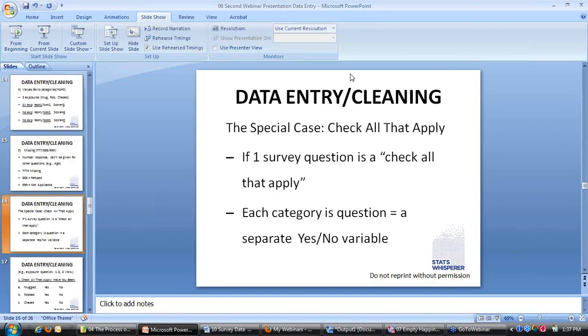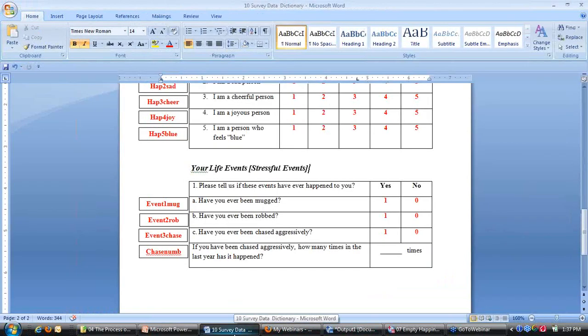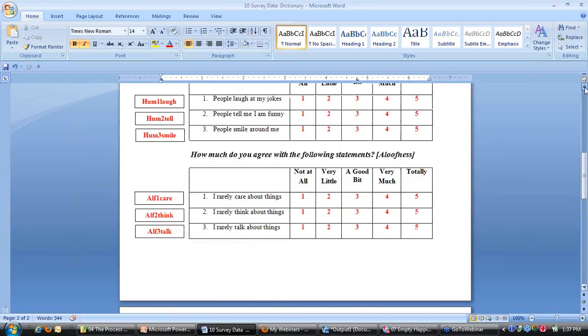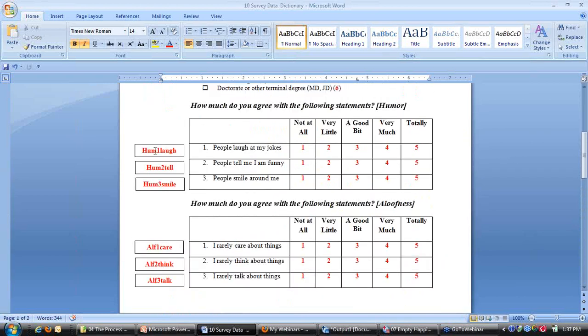So let's go back to our data dictionary. Now you'll see I've gone and filled in the rest of the data dictionary, right? So we left off here. I gave the same thing for humor, 1, 2, 3: laugh, tell, smile.